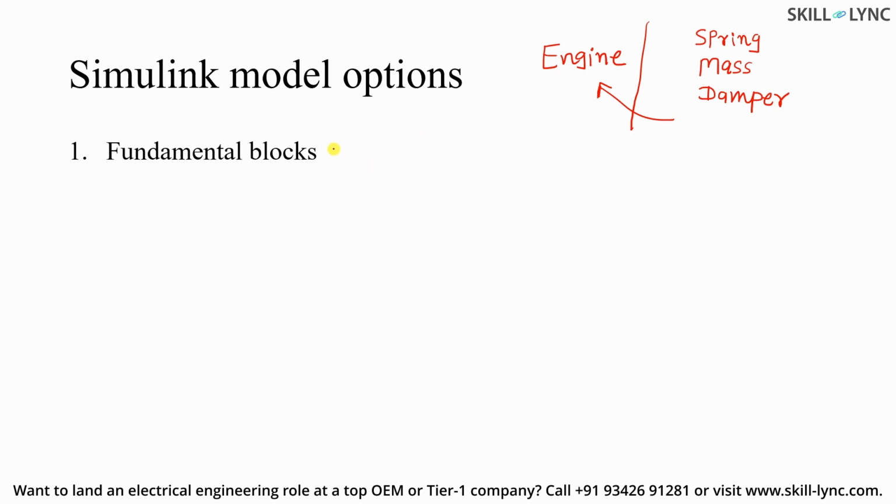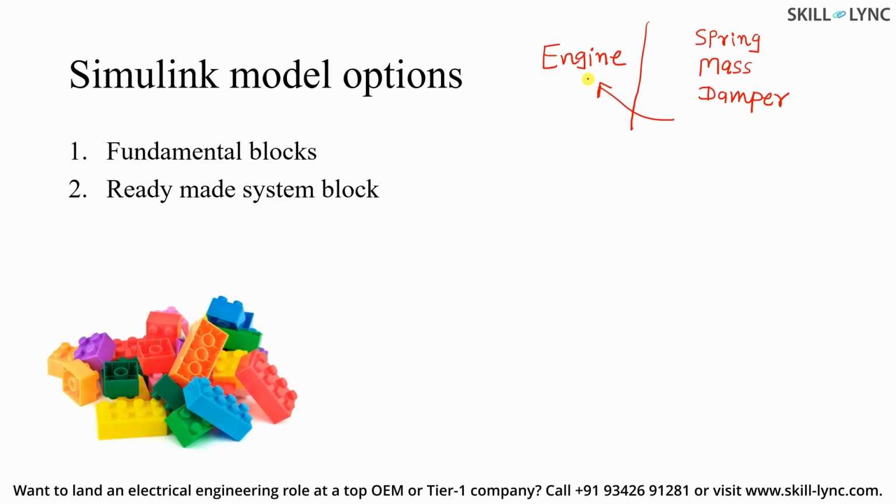The first thing is the fundamental block, which is nothing but spring, mass and damper, or maybe R, L and C in the electrical engineering case, and the other is the ready-made system block. The ready-made system block is nothing but the engine, or you can have a gearbox or something like that. So this is going to be like a Lego block, right? The fundamental blocks are Lego blocks, and it's up to you what kind of system you want to make.